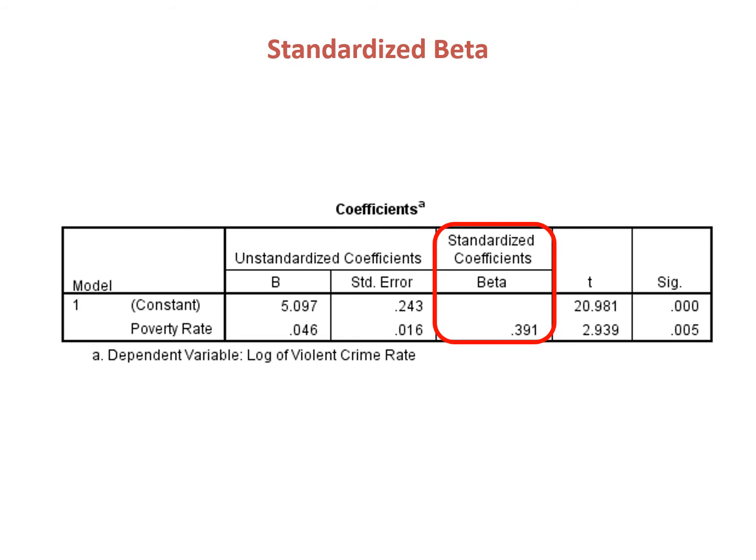The standardized beta is 0.39, and the general rule for interpreting standardized coefficients applies. Thus, we can conclude that the relationship between poverty rate and the log of the violent crime rate is both positive and moderate. Note that the standardized beta for poverty is 0.39, the same as the Pearson's R for the relationship. This similarity is not a coincidence. Where there is only one independent variable, the standardized beta and the Pearson's R are the same.